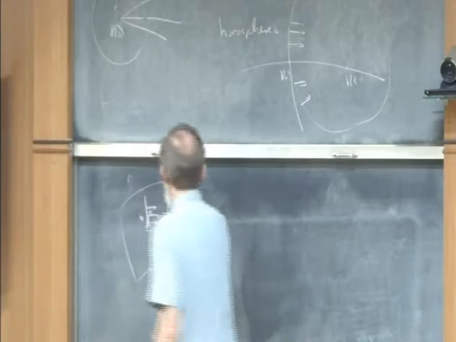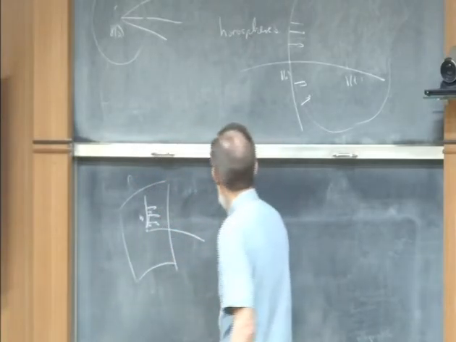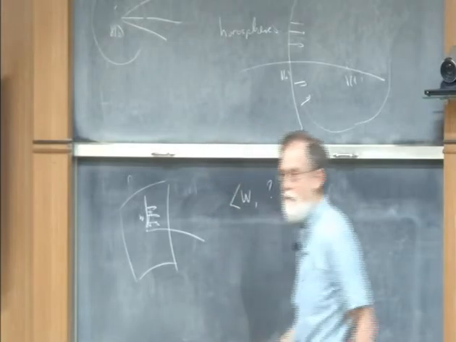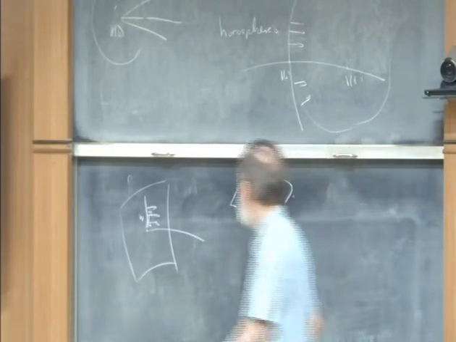So the initial data for our Jacobi field is W, comma, whatever you get.